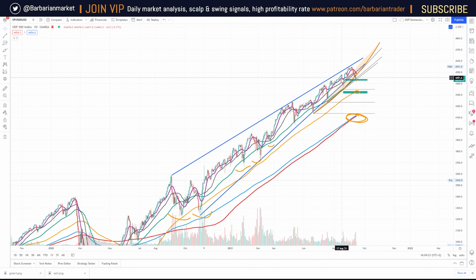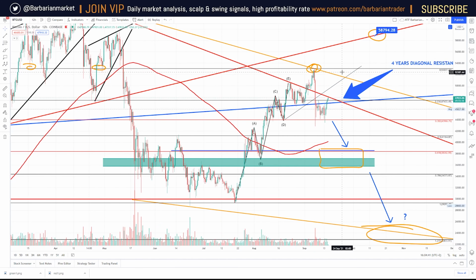We're going up. And now it's like, look, this support area, they tested one time, two times, three times. The more they test it, the bigger the chance it collapses, and probably it will collapse soon. So we have this 4-year diagonal with support or resistance.